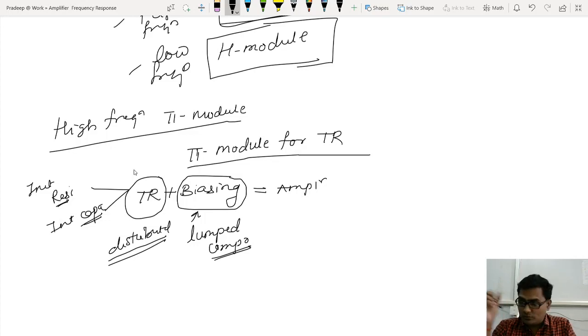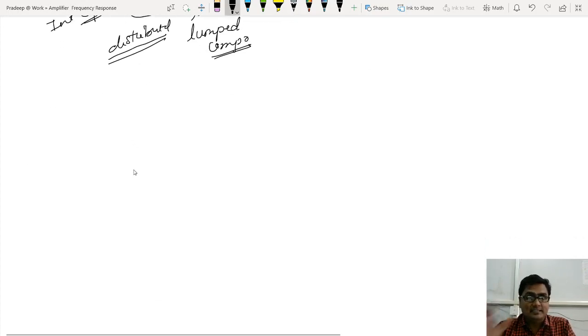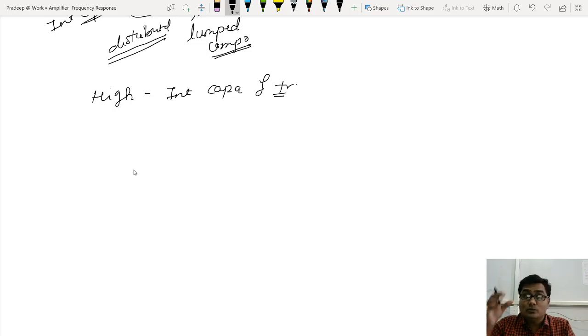So at higher frequencies, as I told you, the internal capacitance of a transistor comes into the picture, and now they are responsible for decreasing the gain of the amplifier. That's the conclusion we drew in the first lecture.